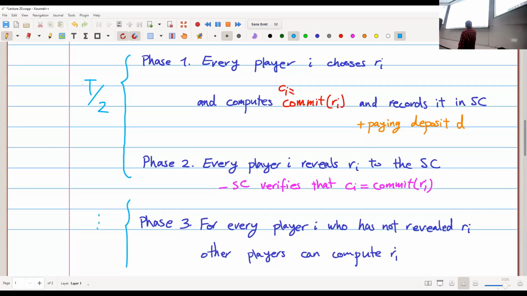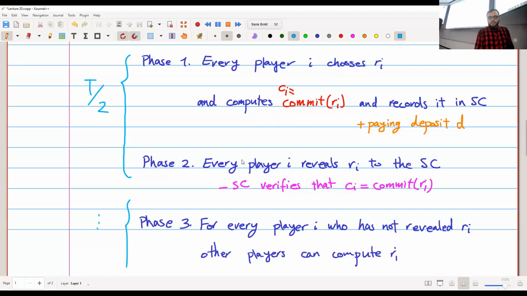Each one of the players is committing to their value Ri by publishing Ci in the first phase, right? So at this point, only player I knows what Ri is going to be. From the point of view of every other player, it's not possible to know it because they just know Ci, and in order to compute Ri from Ci, they're going to have to spend t units of time, and well, they don't have that much time, right?